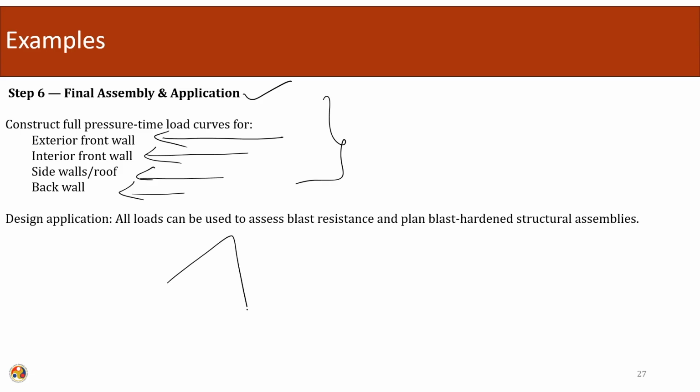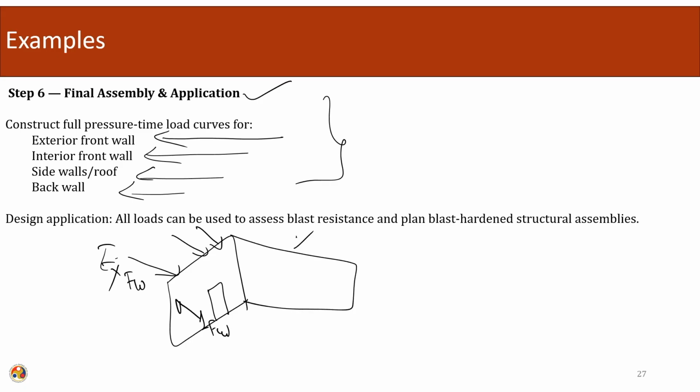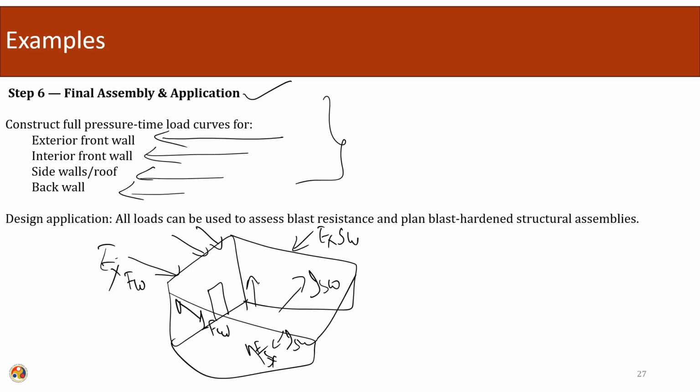How will we use this? If there is an opening, we have constructed the exterior front wall, the interior front wall, the exterior side wall, the interior side wall, the exterior roof, the interior roof, and the exterior back wall and the interior back wall.